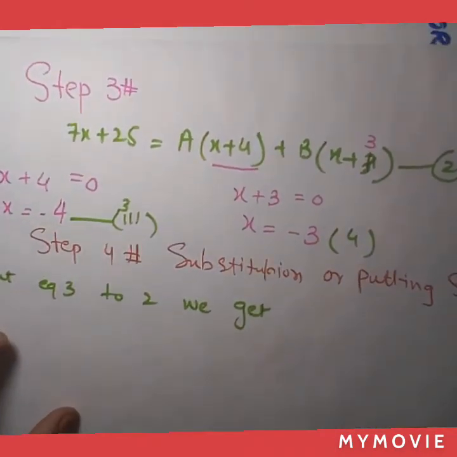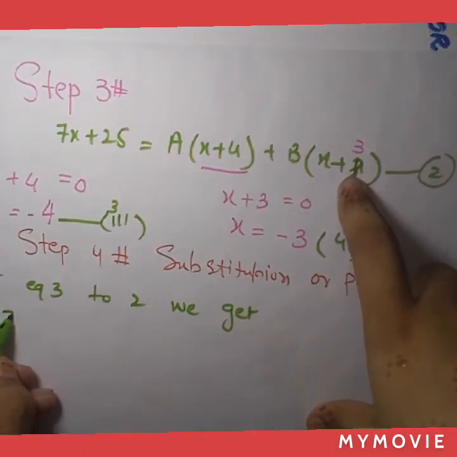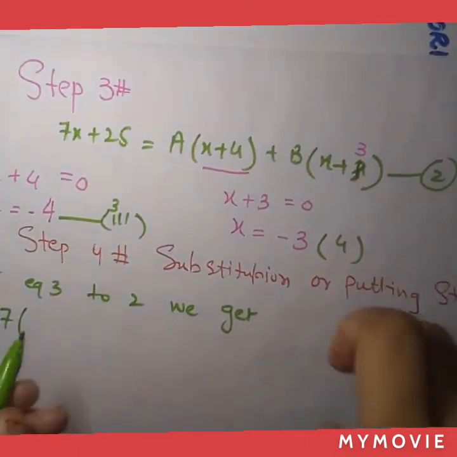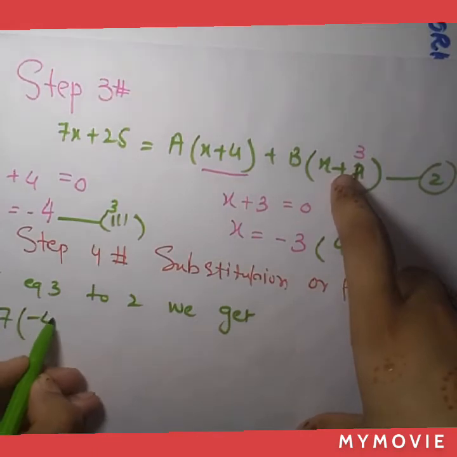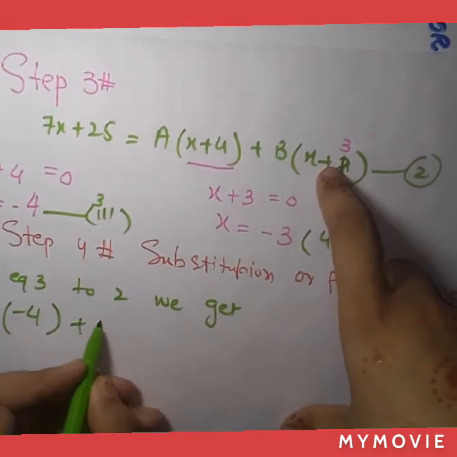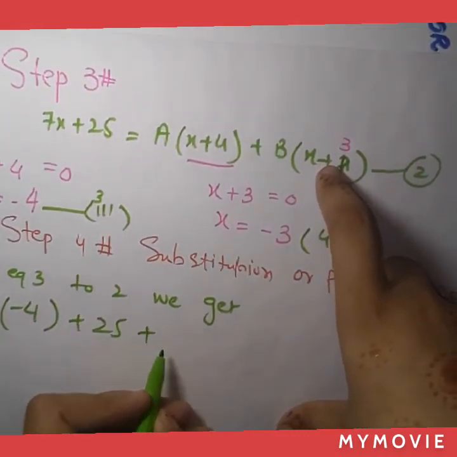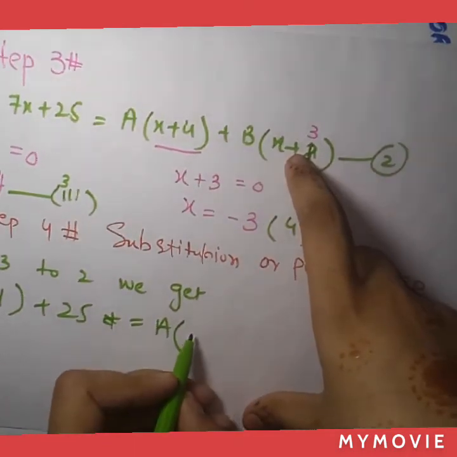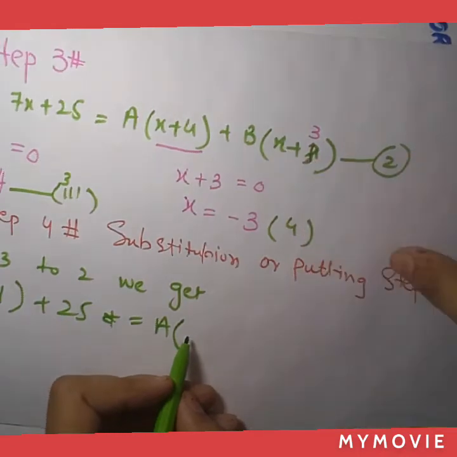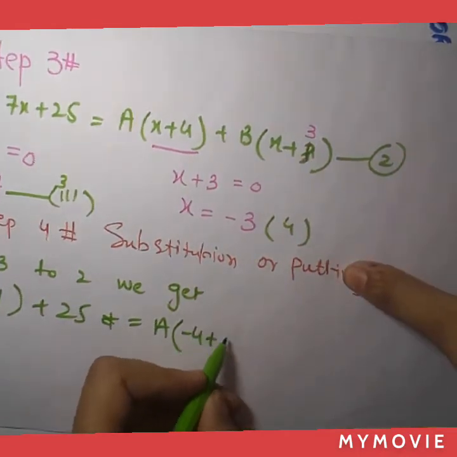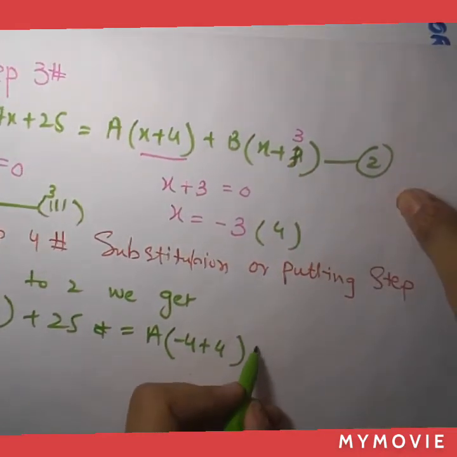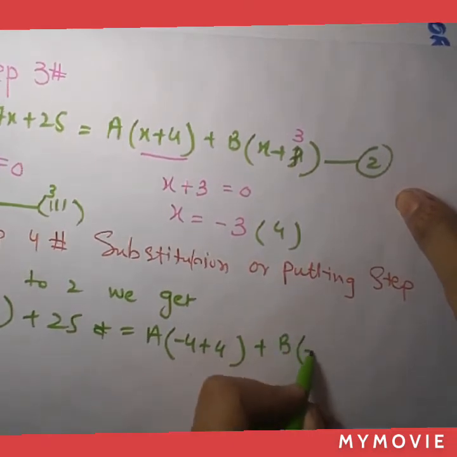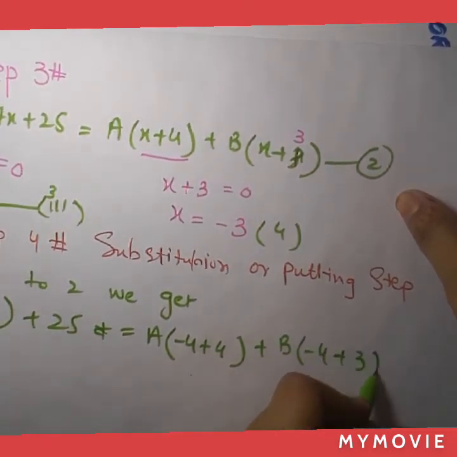When equation 3 is put into equation 2, every x will be minus 4, so we get a times minus 4 plus 4, plus b times minus 4 plus 3.